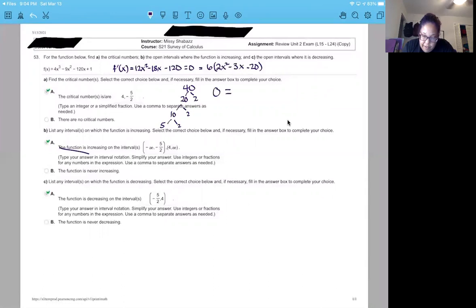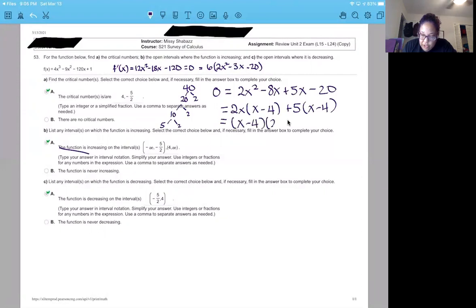So I have 2x squared minus 8x plus 5x minus 20. Now we factor by grouping, factor out a 2x, and I get an x minus 4, factor out a 5, and an x minus 4 again. So now I can factor out my x minus 4, 2x plus 5. So I get x equals 4 and negative 2/5. Whoops, negative 5/2.